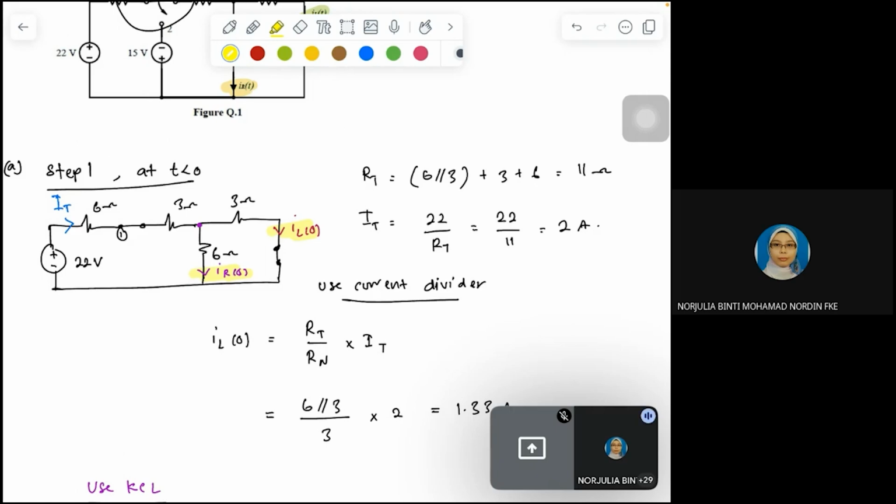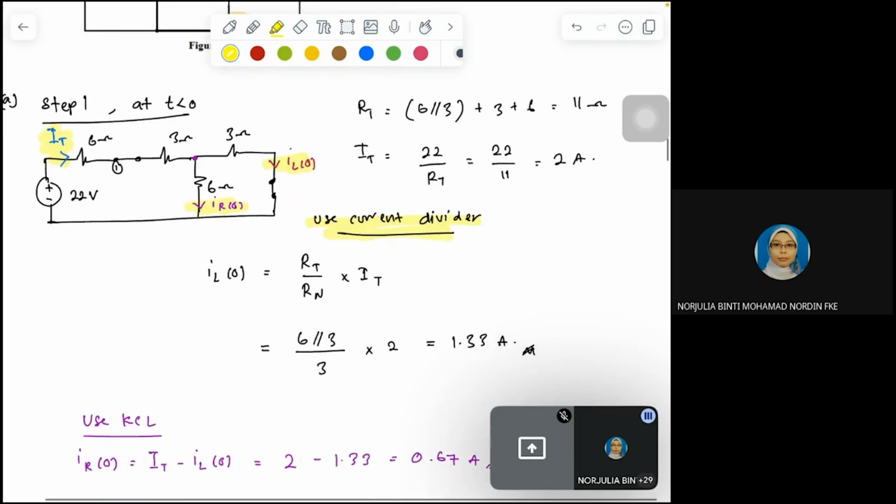At this particular step, we can apply Ohm's law to find the I total. This is your I total. And then after that, use your current divider to find IL. So this is your IL.